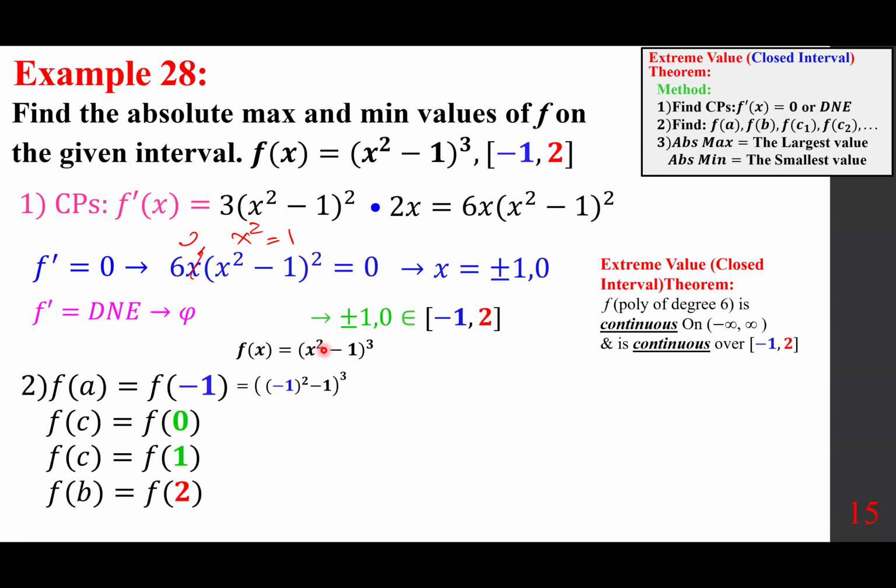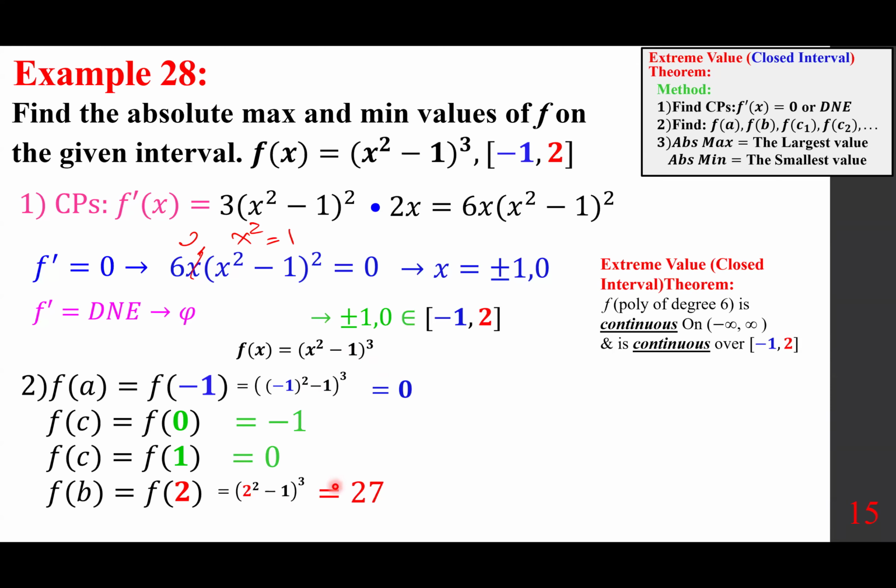As you know, -1 squared is +1, minus 1 is 0, cubed is 0. If I put 0, -1 cubed is -1. If I put 1, it works just like -1 because 1 squared is 1, minus 1, 0 cubed. If I put 2, I get 2 squared, which is 4, minus 1, which is 3, cubed, which is 27.